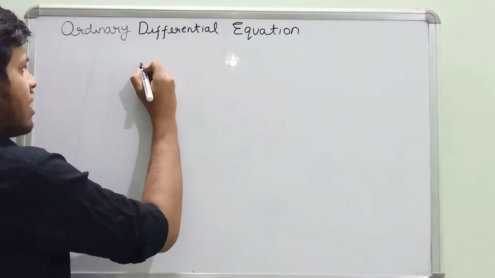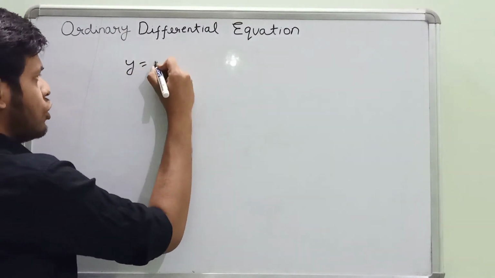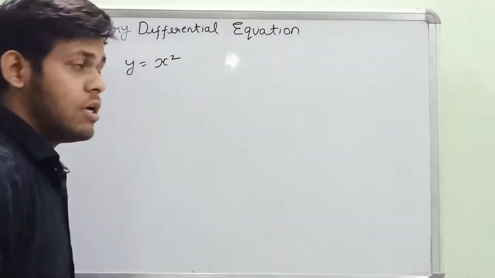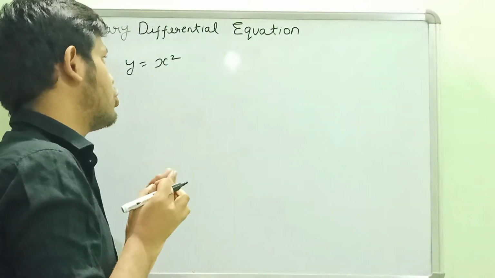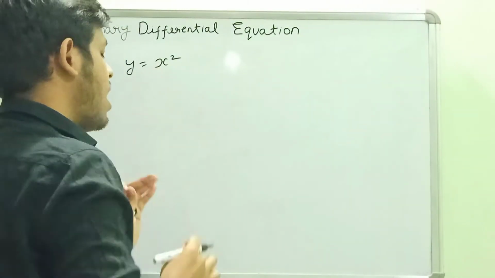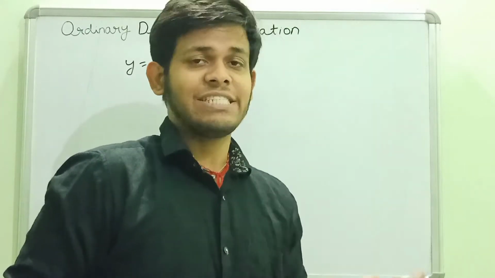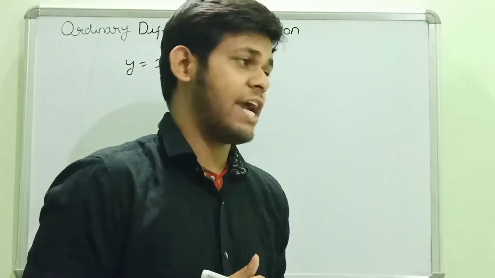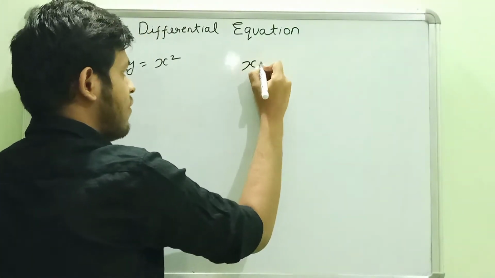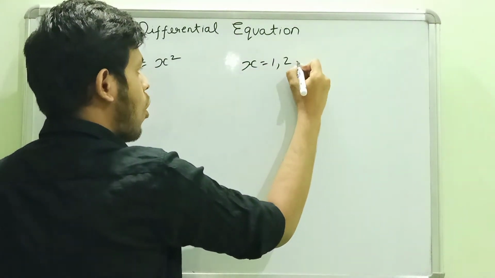So suppose we have an equation y is equal to x square, right? So here y is equal to x square. Suppose there is a variable x. In x we are assigning some values, like one time we assign the value of x as 1 or 2 or 3.